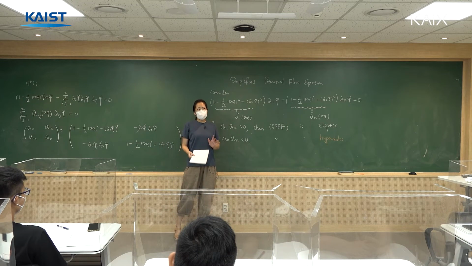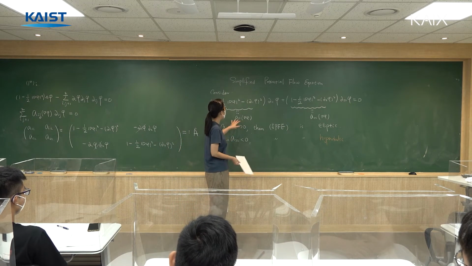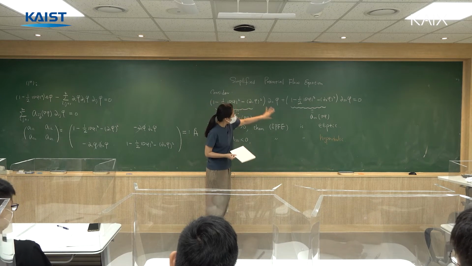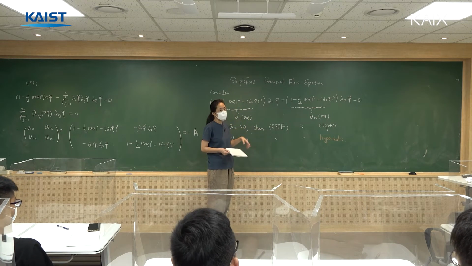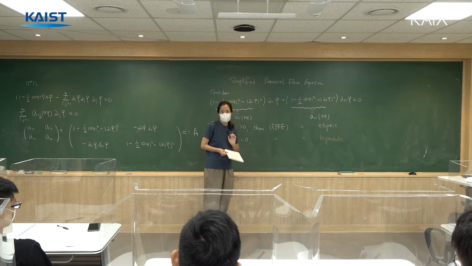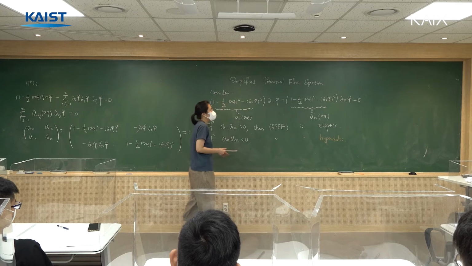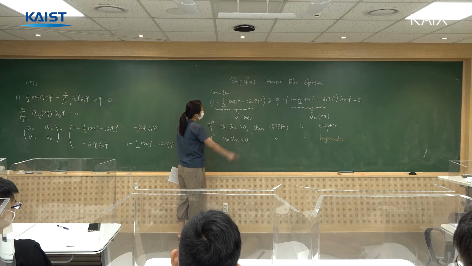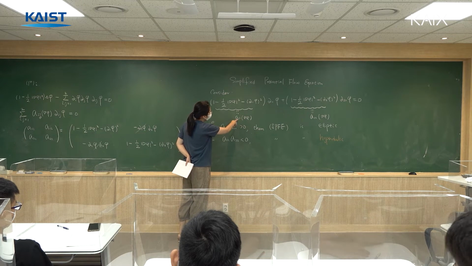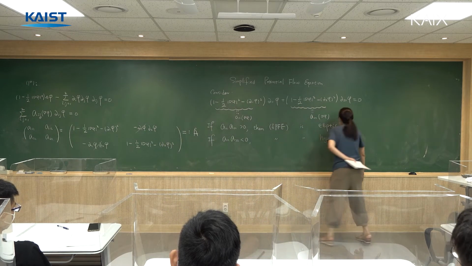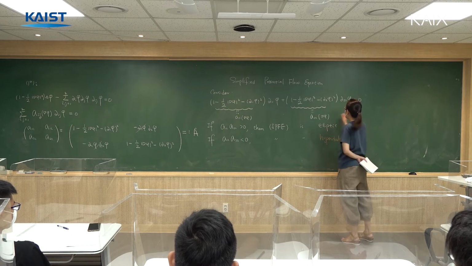When you talk about nonlinear PDE, depending on how the coefficient depends on the solution, whether it depends on the solution phi itself or its gradient, you can classify the type of the equation. So now the coefficient depends on the gradient. If that is the case, we call the equation quasi-linear.